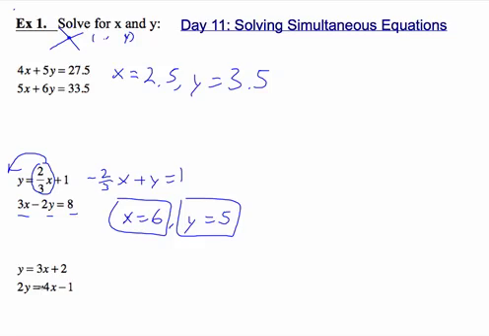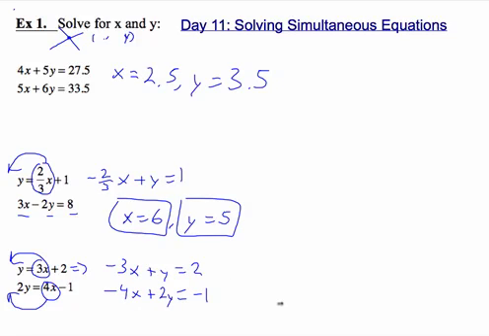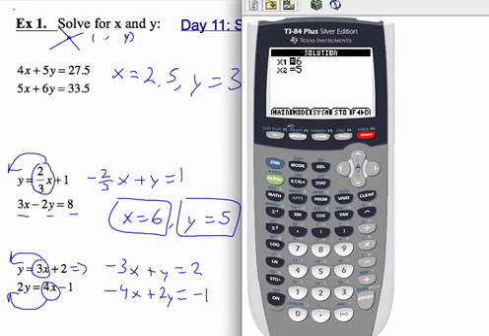So our answer is x equals 6, y equals 5. Okay, and the last one, neither one of these are in general form, so we're going to change these to general form. We're going to take this x value, move it over here. We'll take this x value, move it over there. We're going to have negative 3x plus y equals 2, and negative 4x plus 2y equals negative 1. That's what we'll type into our GDC.